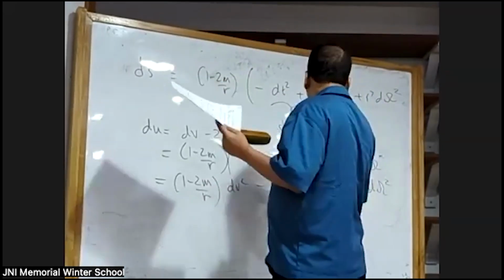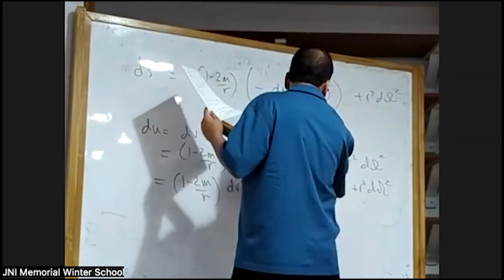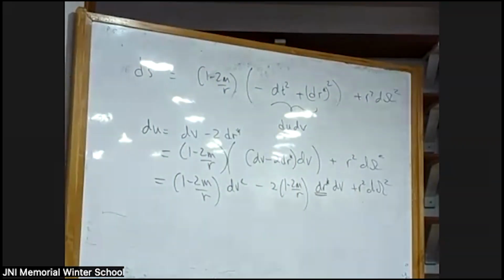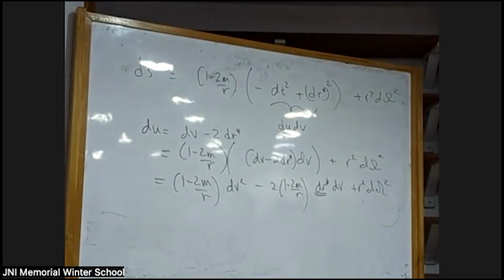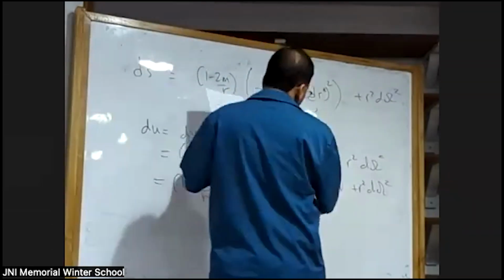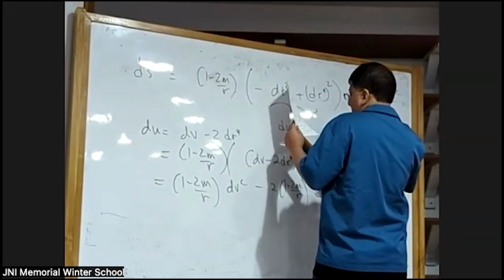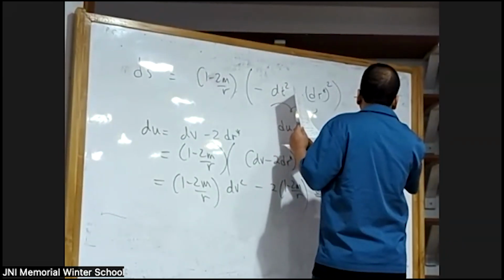Now notice here, I have a dr star and I have this thing here. But dr star was related to this, which is equal to dr over 1 minus 2m over r.